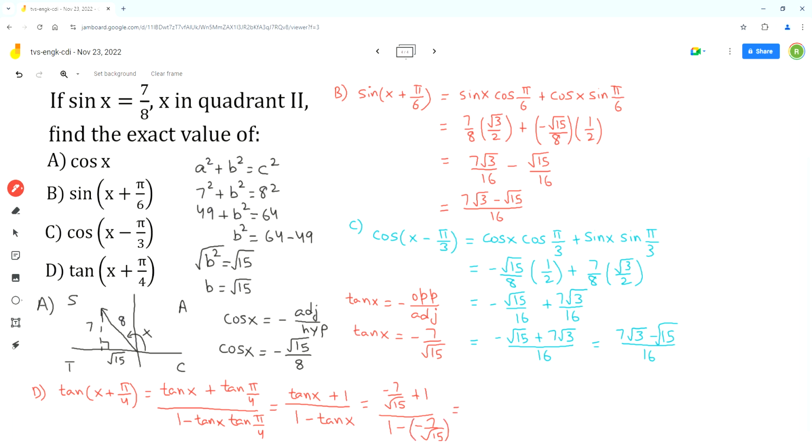Now we can simplify this expression. We can simplify the expression in the numerator by finding a common denominator. The denominator of 1 is 1. The common denominator will be square root of 15. So we can multiply 1 over 1 by square root of 15 in the numerator and denominator. In the denominator expression, the two negatives cancel each other out and become a positive.